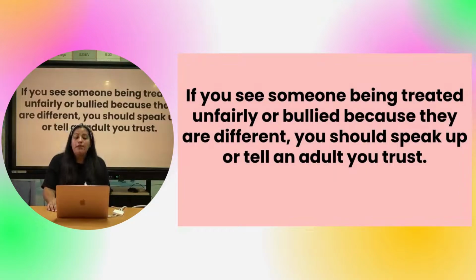So students, if you see someone being treated unfairly or bullied because they are different, you should speak up or tell an adult that you trust. This is what the person who wrote the book, they want us to know. If you see someone being treated very bad because of the color of their skin or something else that makes them different, you can say something, or you can go and find an adult and tell them about this.